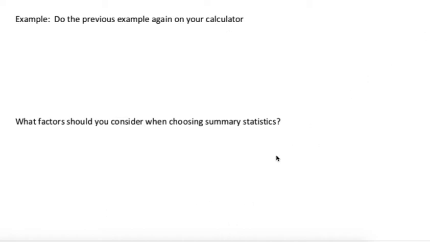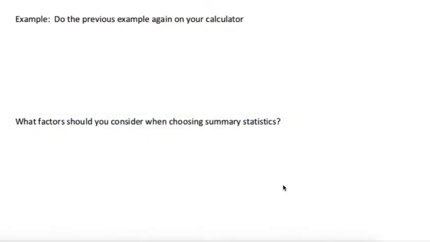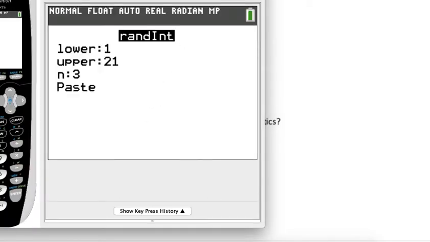When we get to our calculator here, let me find it. We're going to put that same data into our calculator list, and then we're going to be able to find a lot of data about this list.